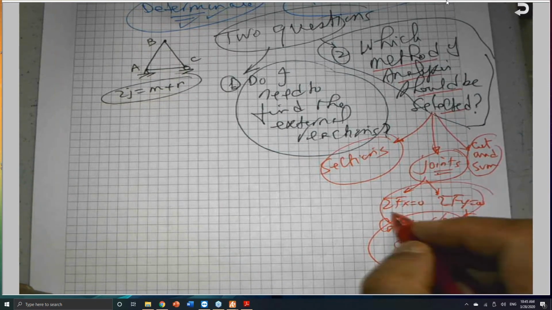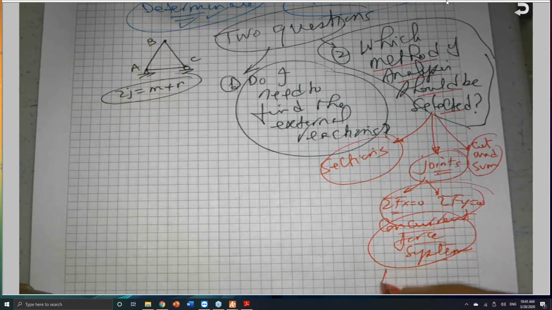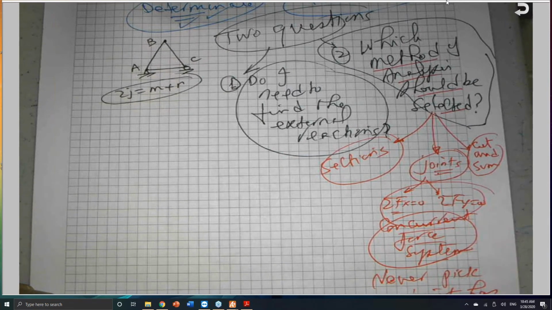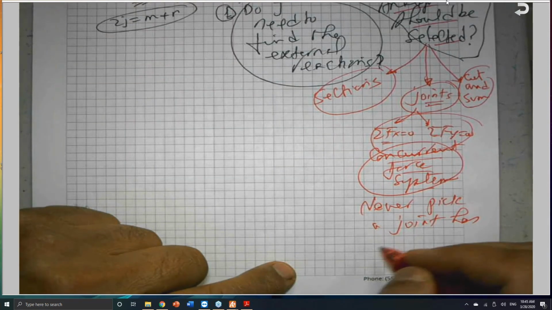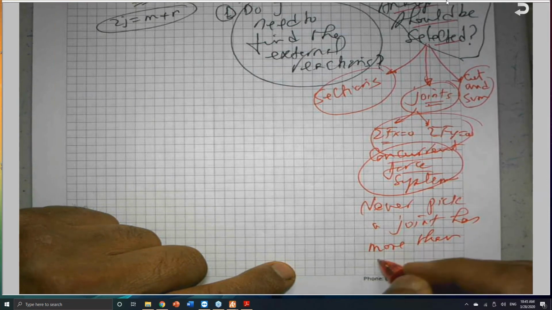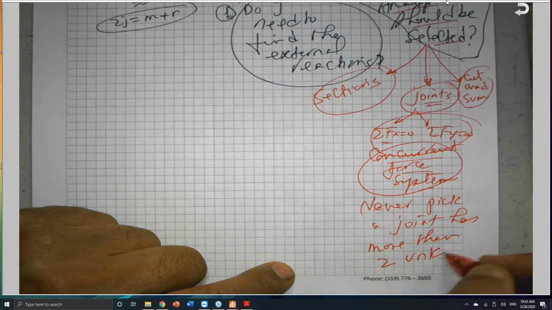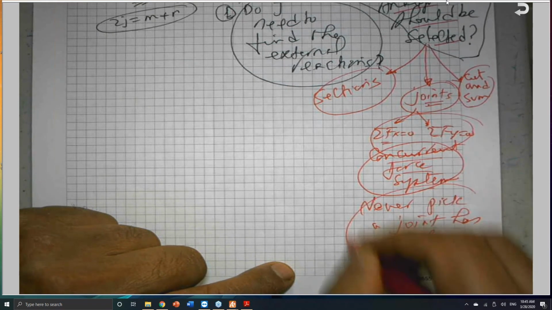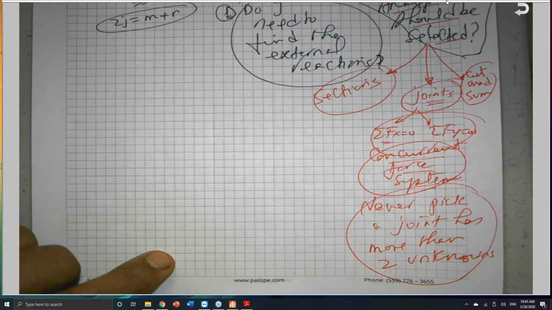So only two equations are available. This is why we say never pick a joint that has more than two unknowns, because you will not be able to solve it.